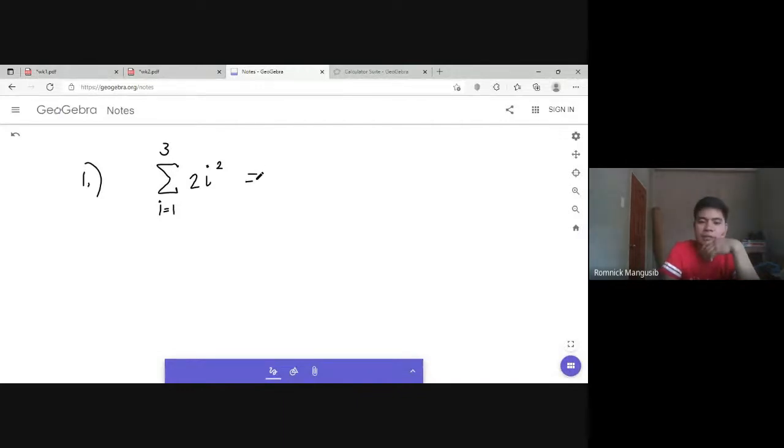So instead of doing this, instead na gawin mo daw is 2 times 1 squared plus, kasi papalitan mo yung I from 1 to 3, plus 2 times 2 squared plus 2 times 3 squared.